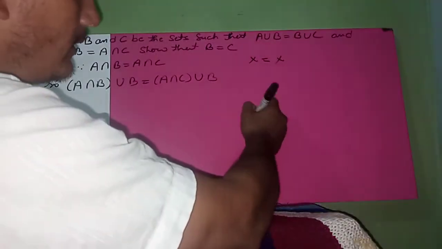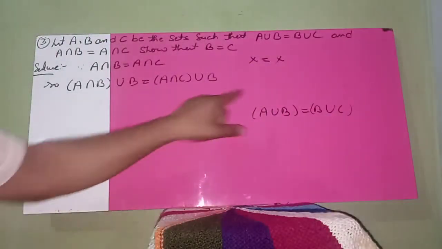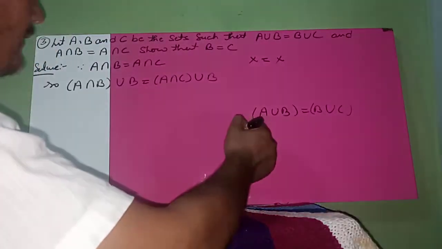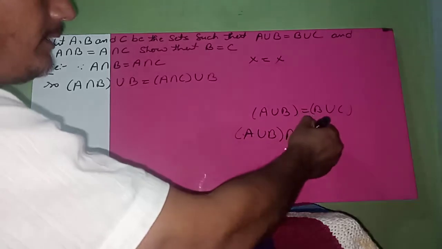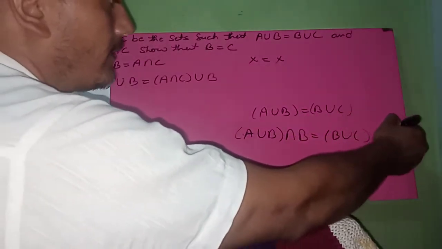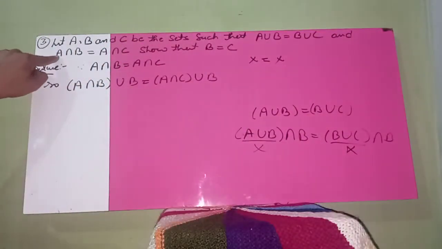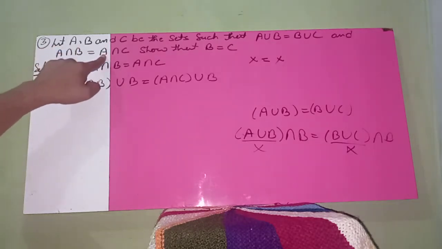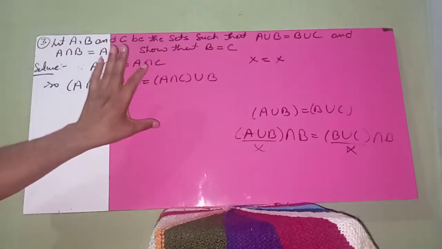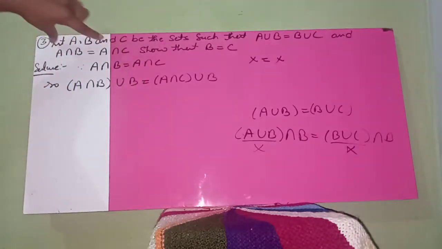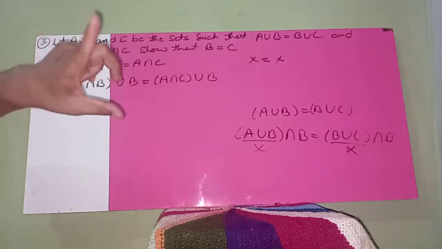If you take here A union B equal B union C, if you take this part, what do you do? If that is x, so that is also x. So A union B intersection B equals B union C intersection B. Why? Because if that is x, so that is also x. Look, this set is A, so here also set A. So what is happening with the intersection of set A with different sets? It is the same. Not happening, because this question says that if you take the intersection of the same set with two different sets, then their value is the same. Clear?